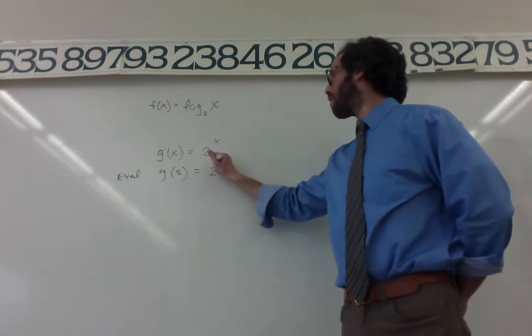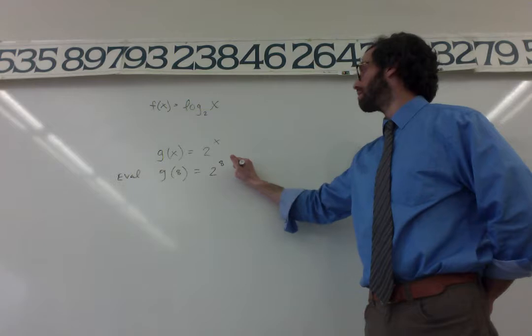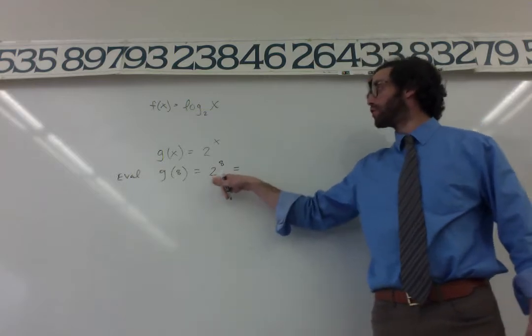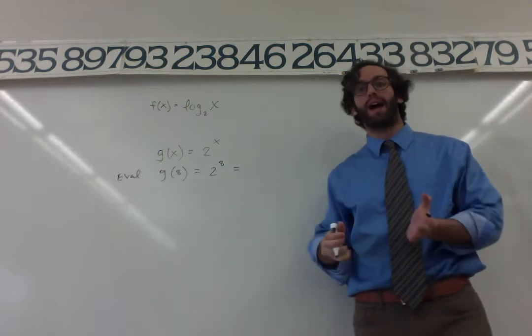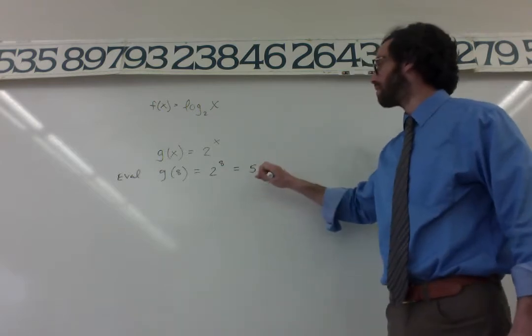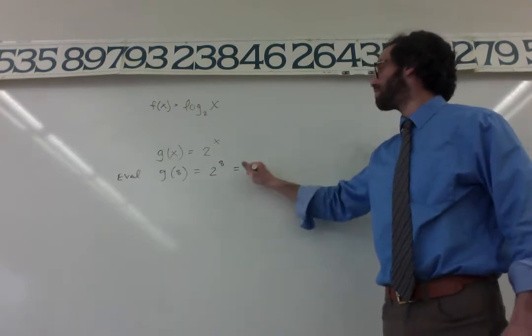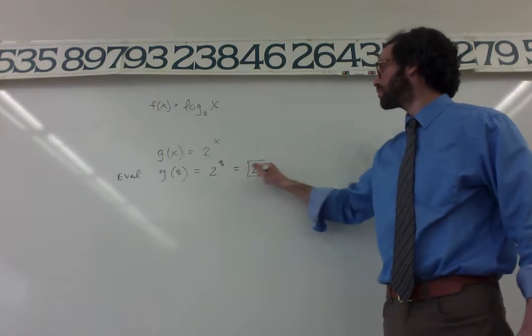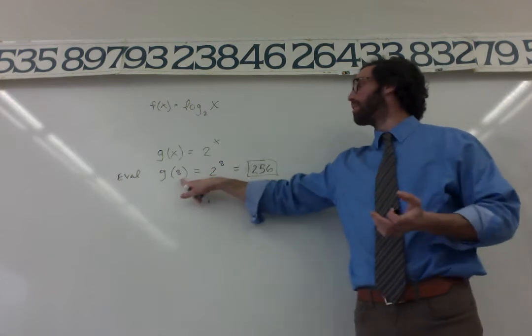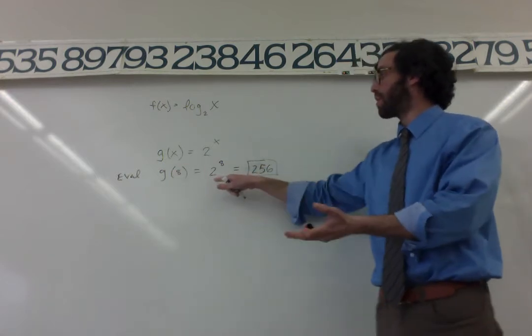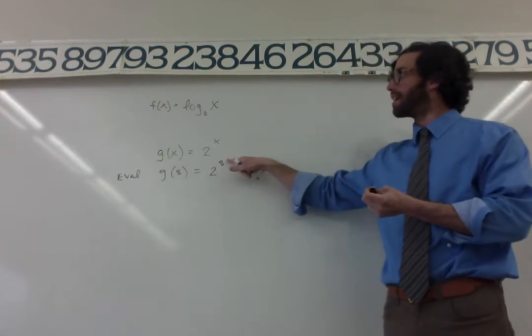So we get 2 to the power 8, which means 2 times itself 8 times, which is 256. 2 to the 9th is 512. This is an easy one, but all it's asking you to do is evaluate what 2 to the power 8 is.